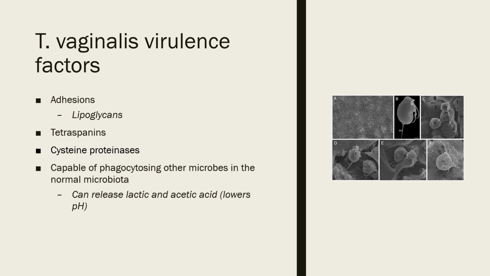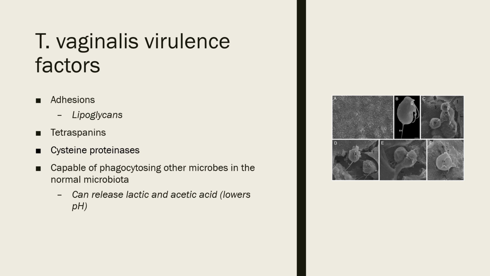We have cysteine proteinases, which are enzymes that can degrade the host proteins, which ultimately contributes to the cytotoxic effects of the parasite, which causes damage to the host tissue and can promote inflammation.